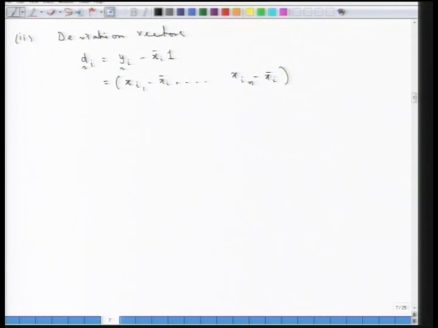So this deviation vector gives us, in each of the components, the deviation of the respective observations corresponding to that ith variable.